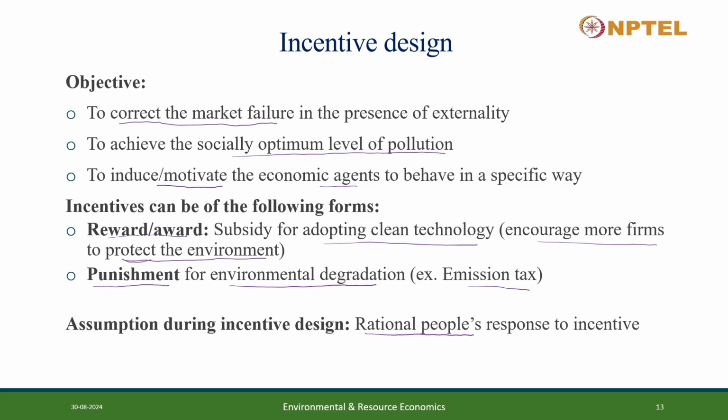When there is no emission tax, I will try to produce more. However, when there is application of emission tax, then the firm will try to reduce its emission. So this is one of the examples of rational people's behavior. The economic agent will try to maximize its own benefit.